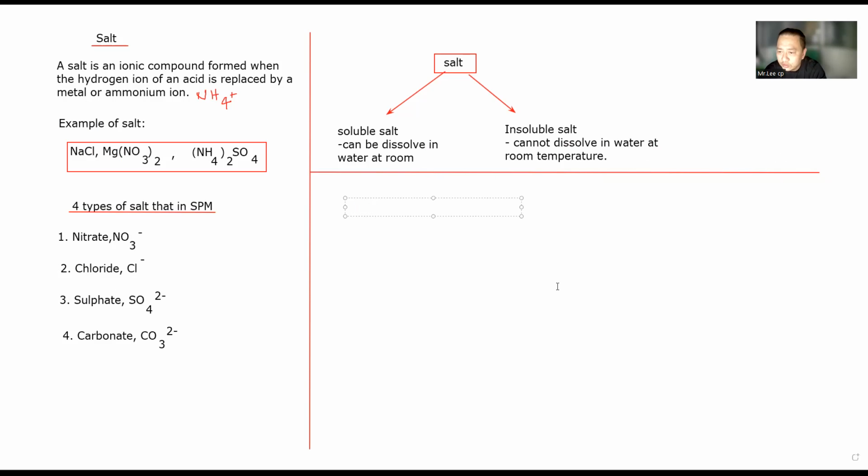I don't know whether you learned this in Form 3 or not. In Form 3 we called it the electrochemical series, or the reactivity of the metal.